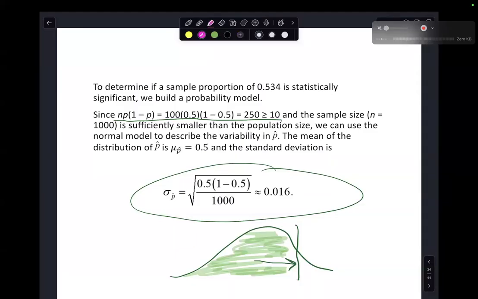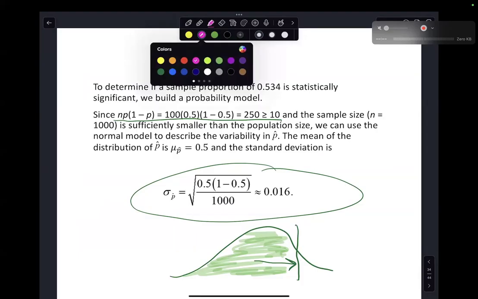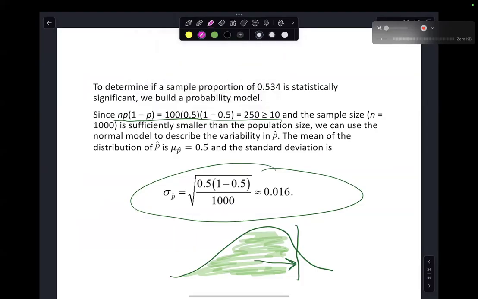However, if the probability of my sample lands out here, past that z-score, more standard deviations away from the mean than that line, then it is statistically significant and it would cause me to reject the null hypothesis.